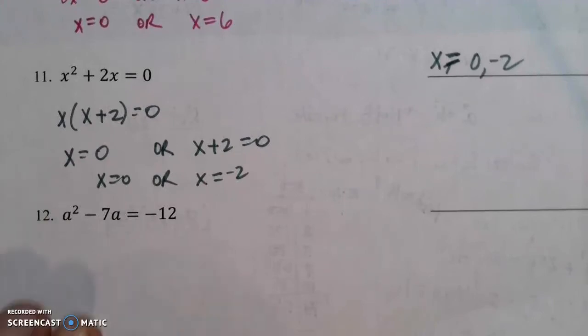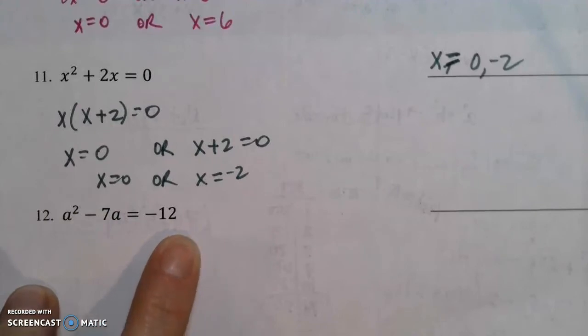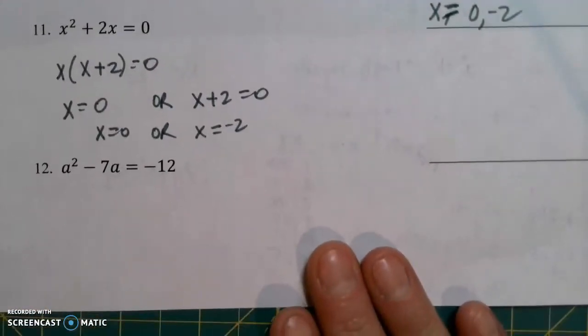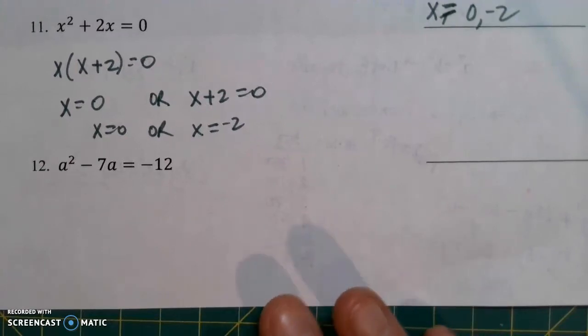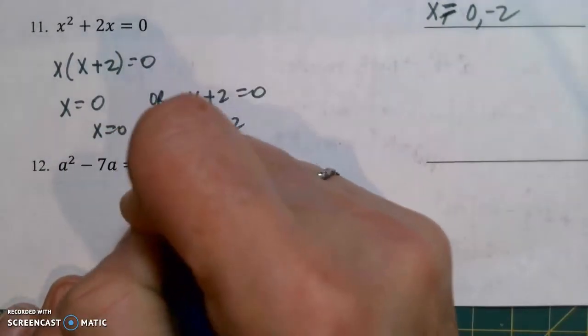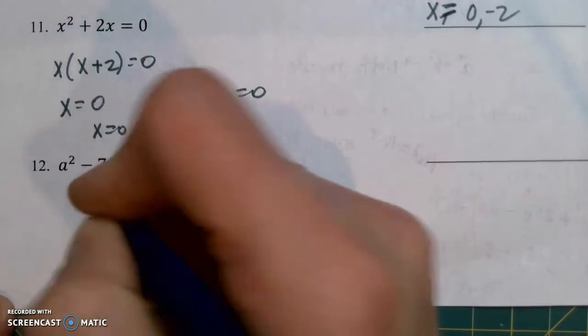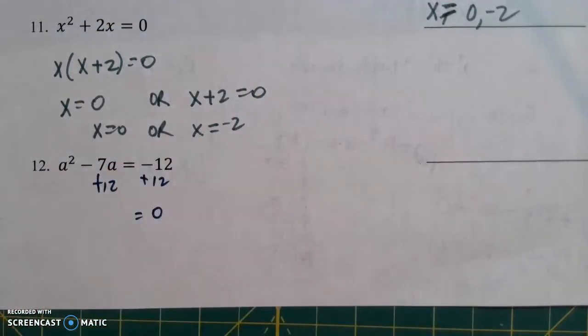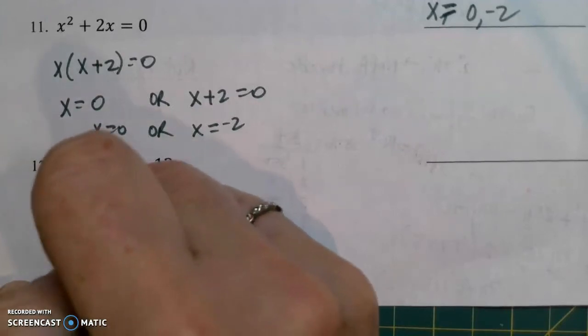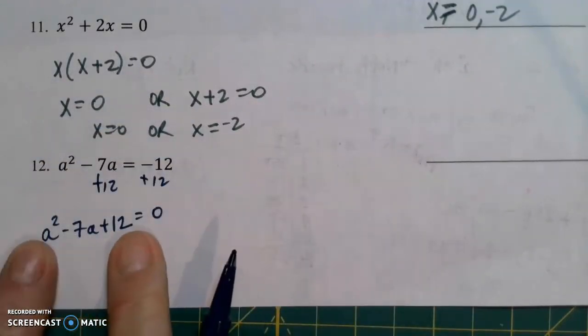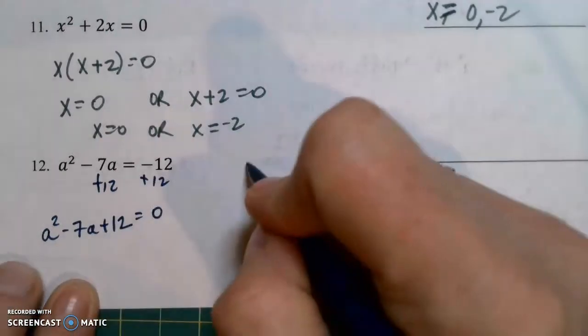Now the last one, you can't start factoring over here yet because we don't have it set equal to 0. So first step here is adding that 12 to both sides. So we're adding a positive 12 to both sides. So on the right we'll get the 0. On the left we'll have a squared minus 7a plus 12. And then 12 will be the number that we factor.